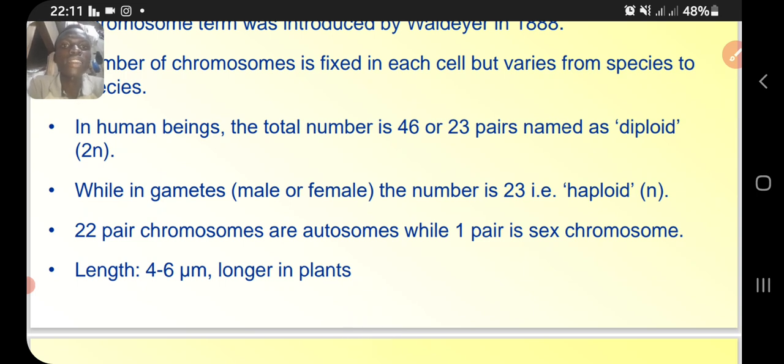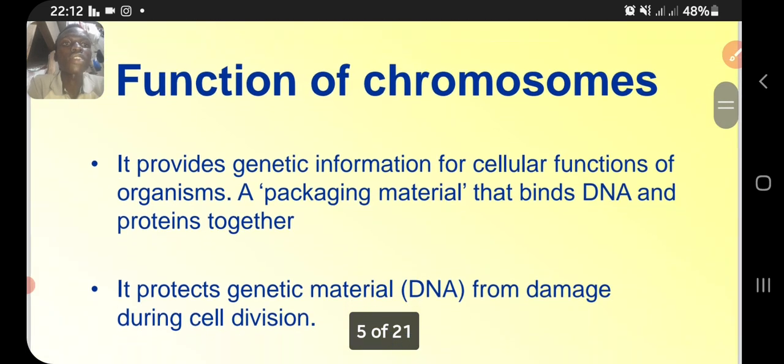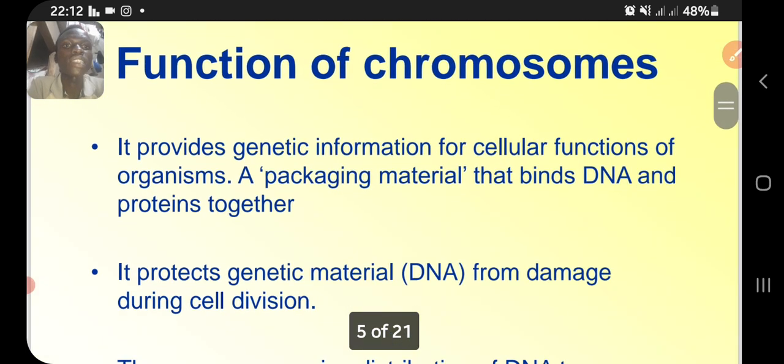The length usually ranges from 4 to 6 micrometers, longer in plants. The function of these chromosomes is that they provide genetic information for cellular functions, and they are packaging material that binds DNA and proteins together.